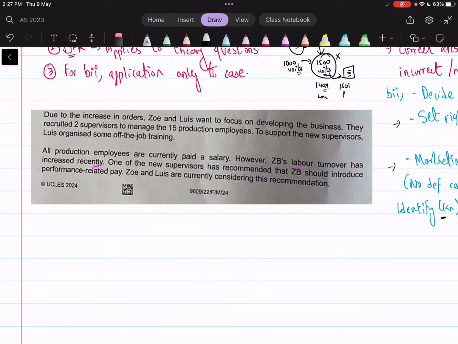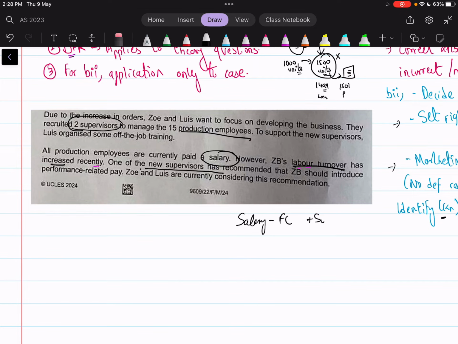So this business basically keeps supervisors to manage production employees, but supervisors have been found to be leaving, or production employees have been found to be leaving, and the new supervisor that has joined has been recommending PRP. But the point to note is that the supervisors are being paid a salary, and as we all know, salary is a fixed cost.